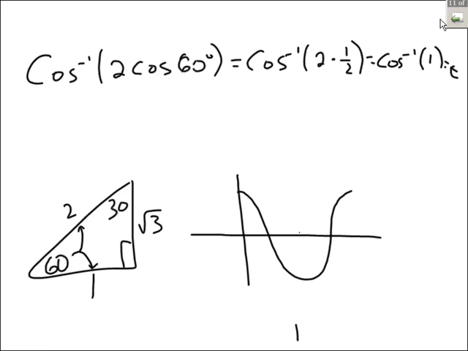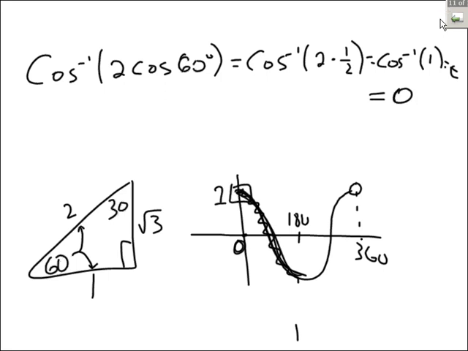The angle can only be between 0 and 180. We're not going to say 360. Cosine of 360 is 1, but our angle can only be between 0 and 180. And there's our answer. There's 1. That is, the angle is 0 degrees.